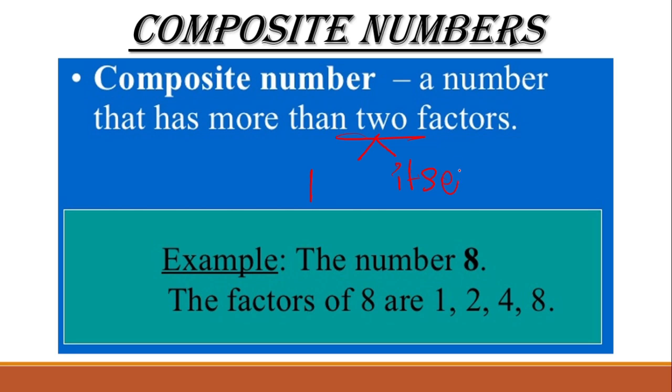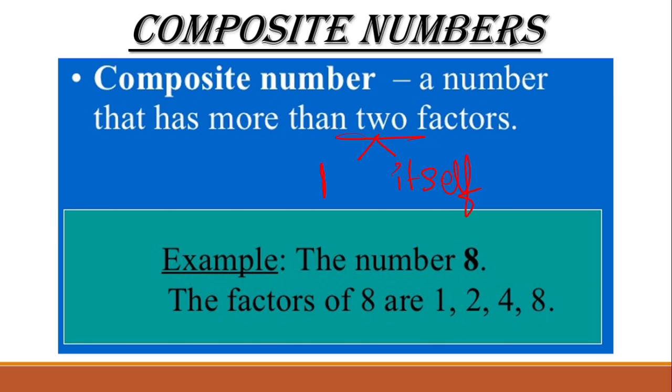So these are the two factors, 1 and the number itself. We should check whether it has more than two factors. We can ignore 1 because it's a factor of every number, and 8 also. Still, if we ignore these, we have 2 and 4, which is more than 1 and itself.